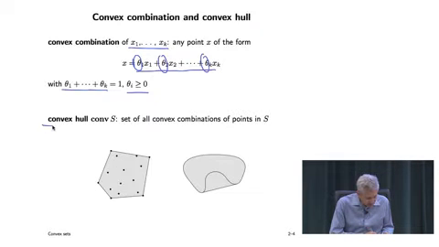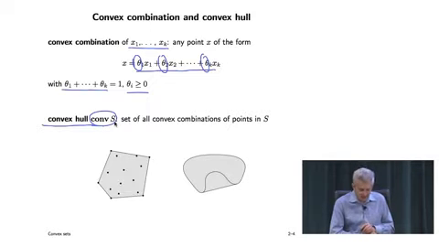Now, the convex hull, denoted conv of a set, is the set of all convex combinations of points in a set. If the original set were this finite set, these dark points, then the convex hull of it is this shaded region here. For example, if you take a point here, that might be a convex combination of 2 of them.